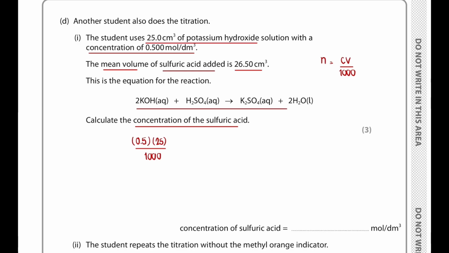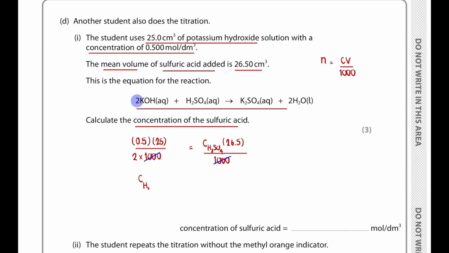But we have 2 here in the equation, so I have to multiply by 2, equal to the moles of the sulfuric acid. So we have to find the concentration, right? So concentration of sulfuric acid times volume of sulfuric acid, which is equal to 26.5 divided by 1000. So 1000 can be cancelled out.